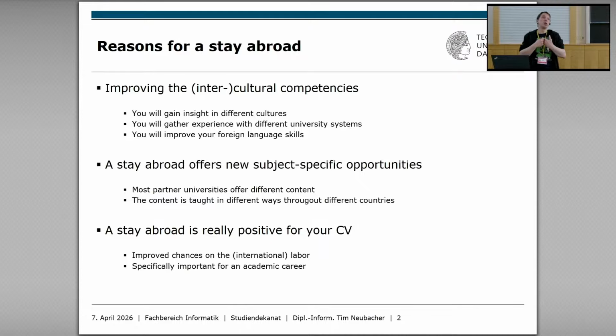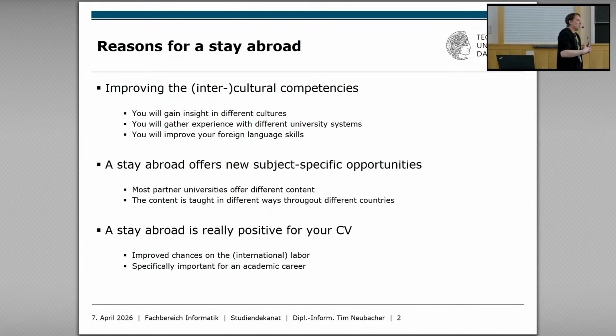So whether you want to go for courses that can be completely transferred back to our degree doesn't play a role in the selection procedure. For us, it's just important that you want to go abroad and cover intercultural experiences. You will gain insight in other cultures, and you should know by now what a culture is, right? And also other university systems. And of course, just improving foreign language skills. All of that definitely helpful and nowadays really important from time to time for your CV.